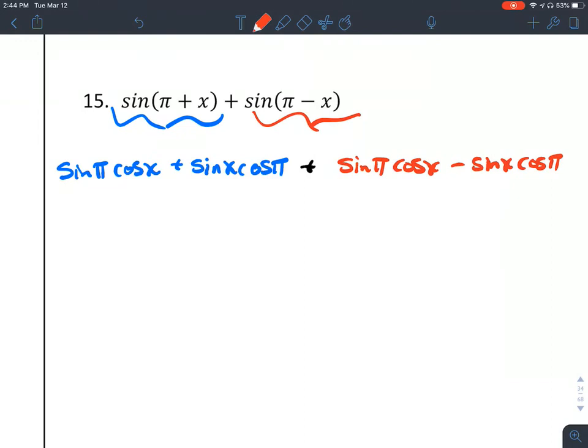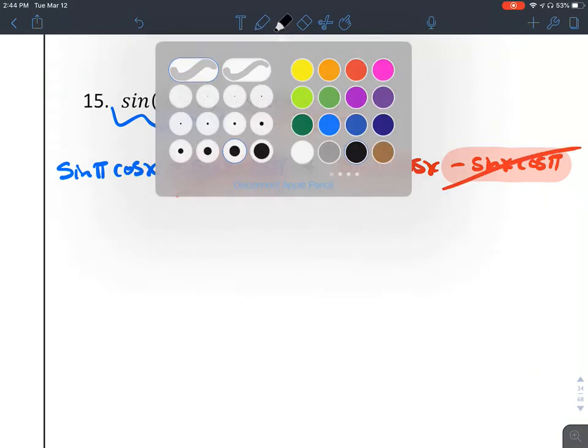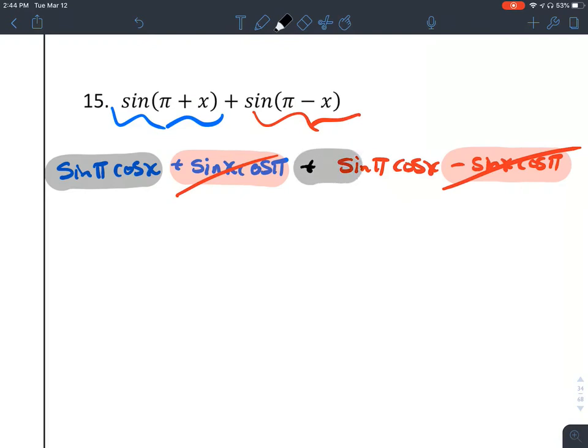Well, this looks pretty convenient, doesn't it? This term and this term are like terms. One's positive, one's negative, so they cancel. This term and this term are like terms. I should have an equal sign here.